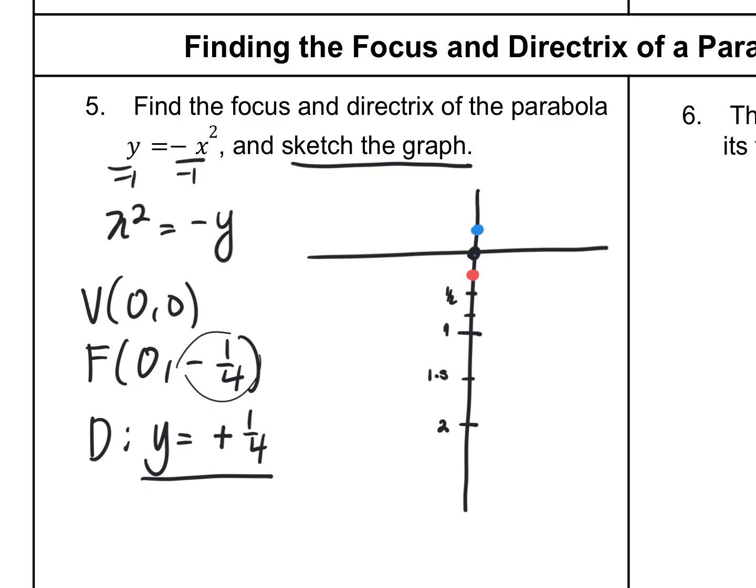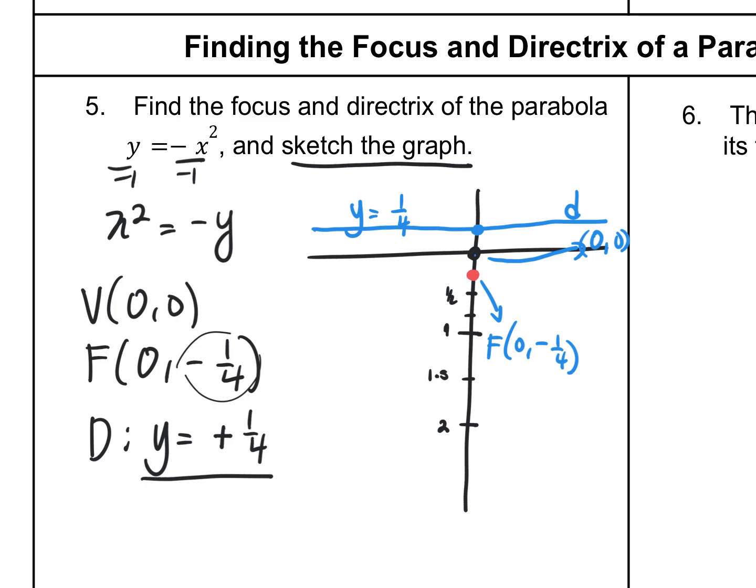So this is going to be my directrix, which is y is equal to 1/4. Now, our focus here is located at 0, negative 1/4, and our vertex is located at 0, 0.